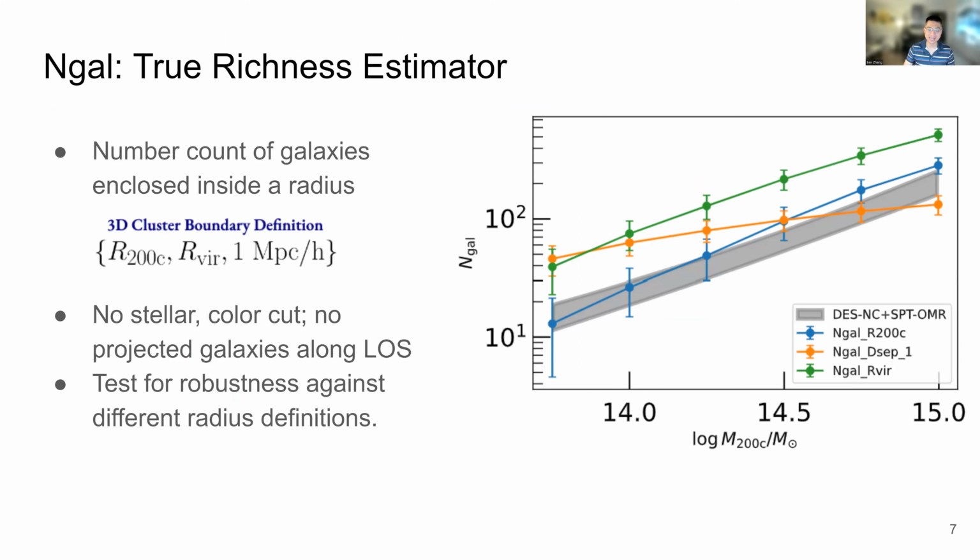What we find is that different radius definitions give us different number counts and statistically change the richness mass scaling relation. We use R200C as our final model as it best matches the literature using observational data. However, I will note in a future slide that even though it does change the richness count, it plays a negligible impact on the covariance itself.